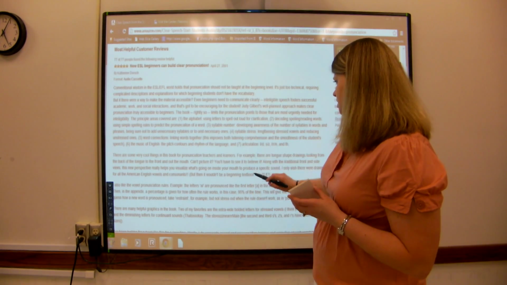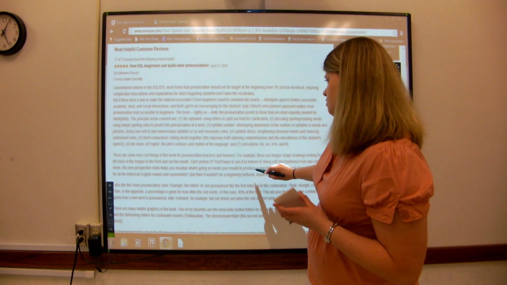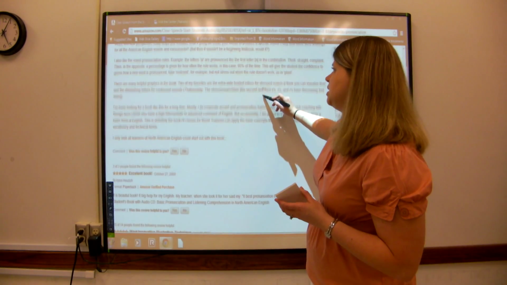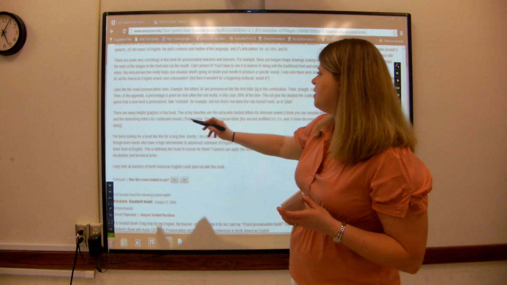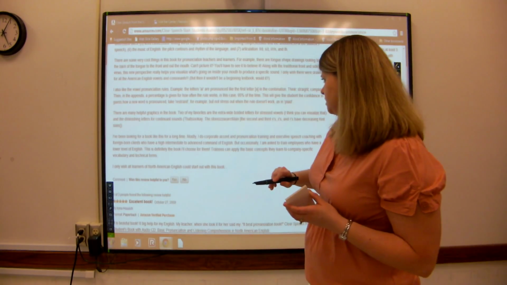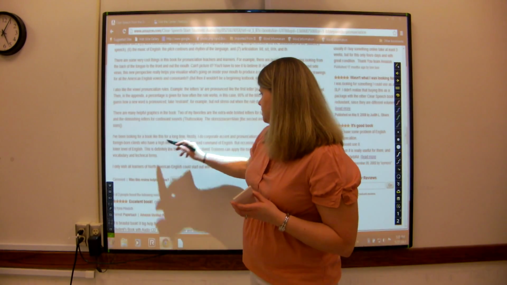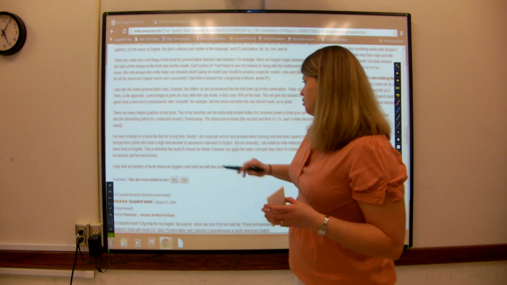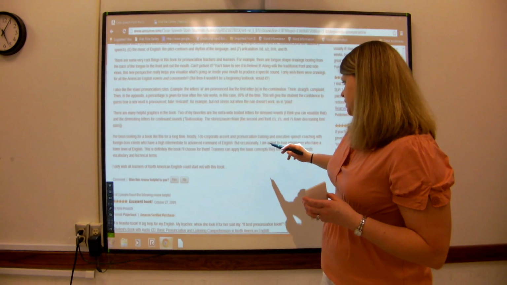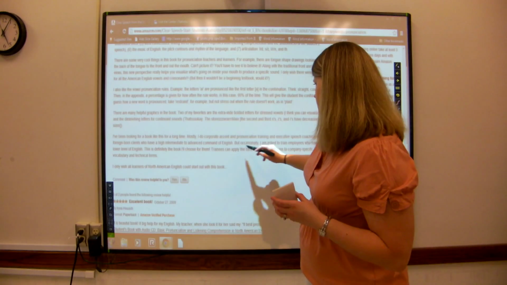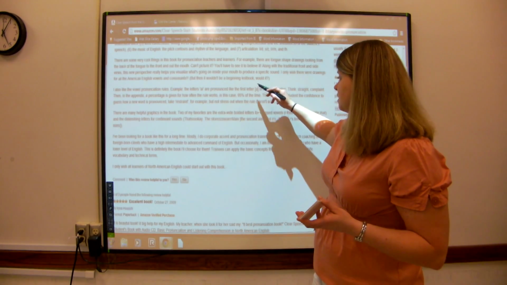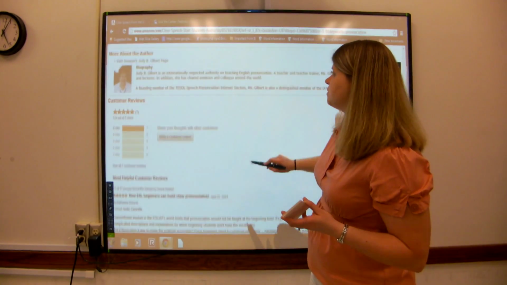Okay, and articulation of certain sounds. Great. Sounds excellent. Many helpful graphics, that's good. And basically the conclusion is this reviewer has been looking for a book like this for a long time. And let's see, definitely the book I'll choose. So it sounds like a great resource for us.